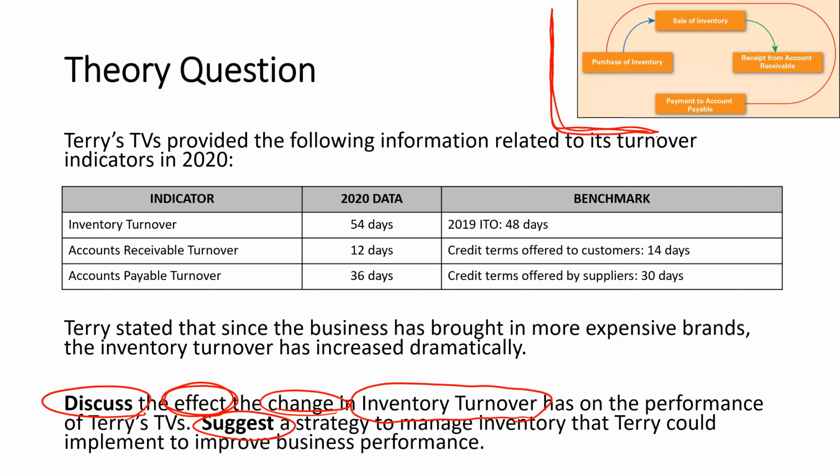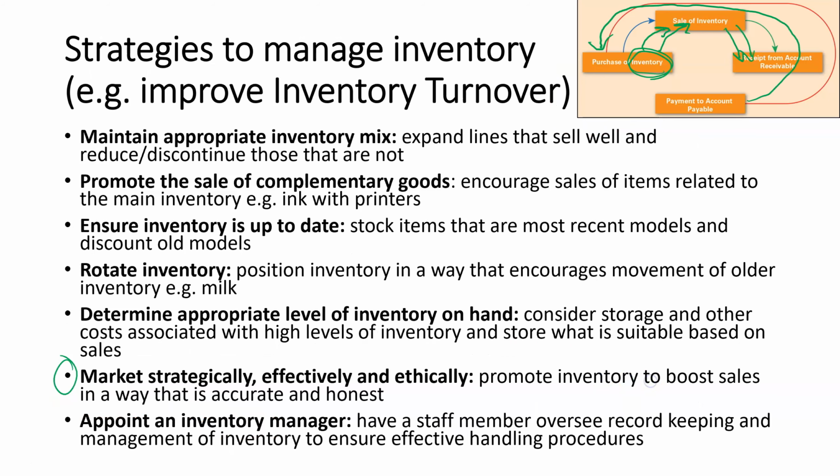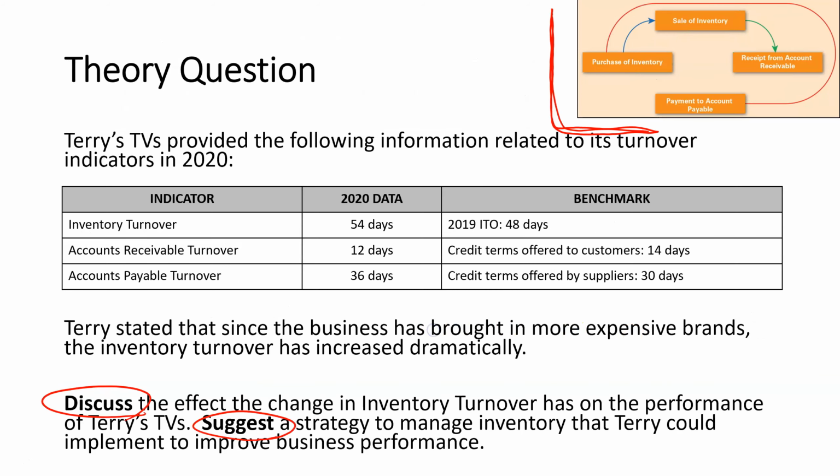The second part is a suggestion. So suggest a strategy to manage inventory that Terry could implement to improve business performance. Now in this case, a lot of students simply go, I'm just going to list one of these. But in order to get the full marks, we need to connect to this idea of improving performance.